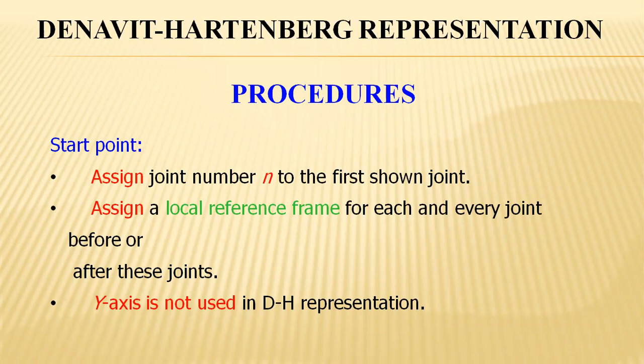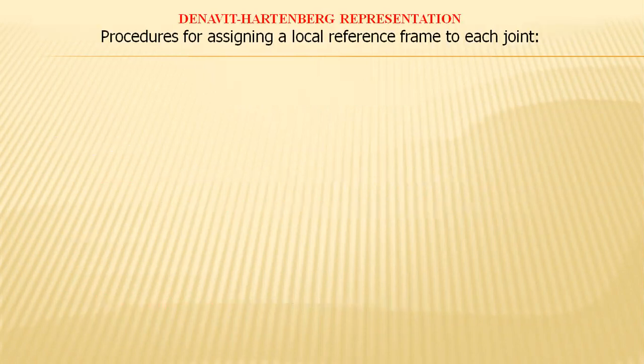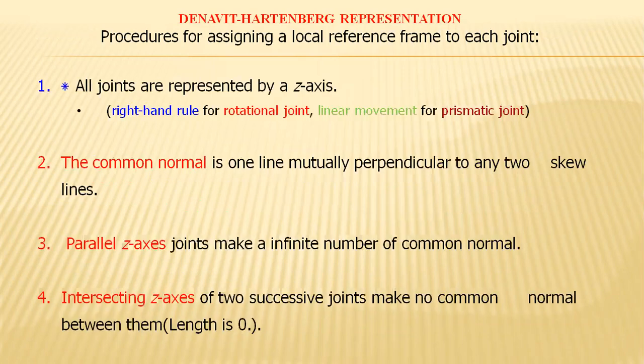And here in the case of these DH notations, the y-axis will not be preferred. All the joints are represented by the z-axis because the right hand rule has been taken.